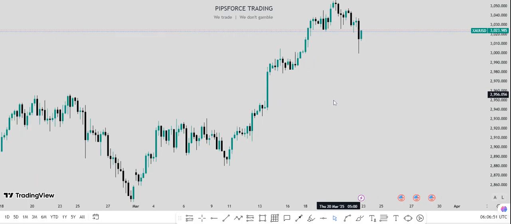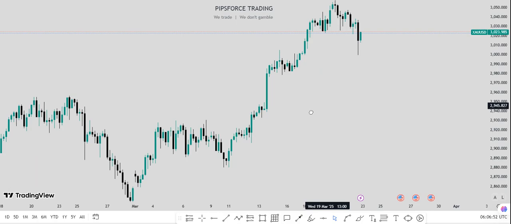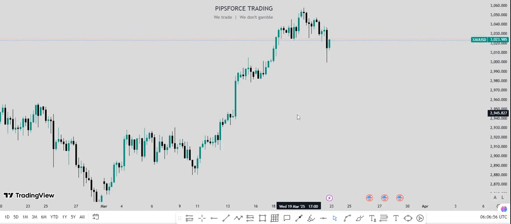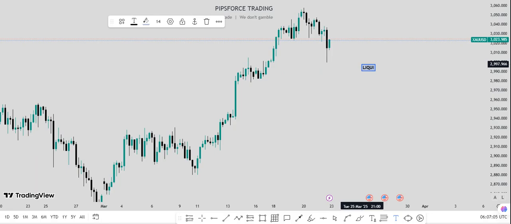We are looking at the right-hand side of the chart, the trend, because first we want to see where the liquidity is, and then second, we want to identify our institutional reference points. Our institutional reference points.